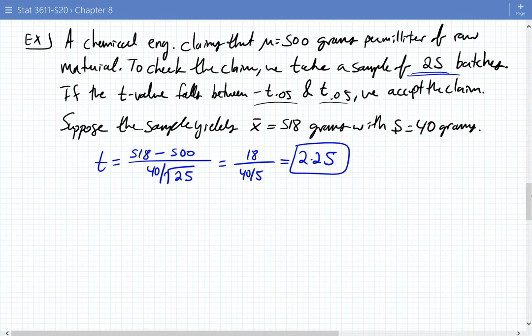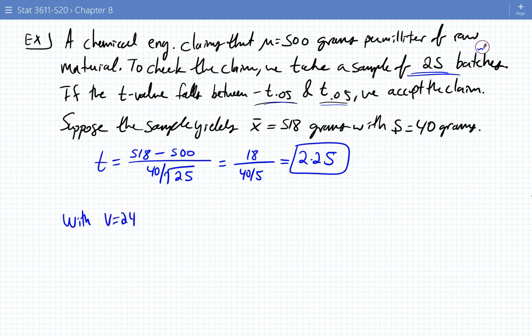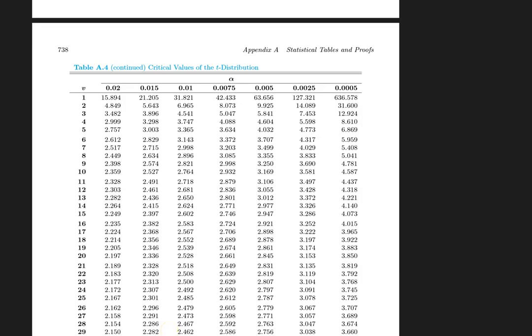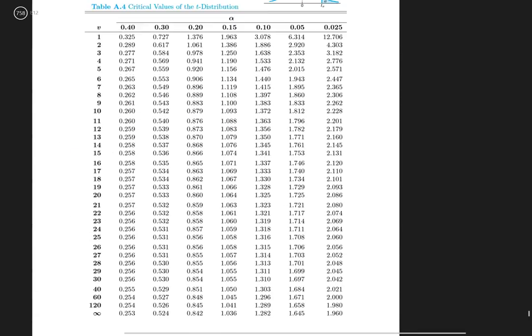Now, is this acceptable? Is this reasonable? Well, we want it to fall between negative t of 0.05 and t of 0.05. We have a sample of 25, so we've got 24 degrees of freedom, n minus 1 degrees of freedom. We need to look at the t-table and find the value that leaves 5% of the area to the right.